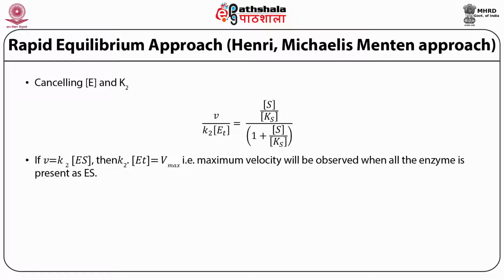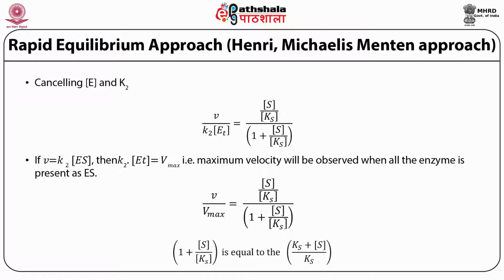When we replace the value of Vmax in the above equation, the equation becomes V upon Vmax is equal to substrate concentration divided by Ks divided by 1 plus substrate concentration upon Ks. If you solve 1 plus S upon Ks, it is equal to Ks plus substrate concentration divided by Ks.